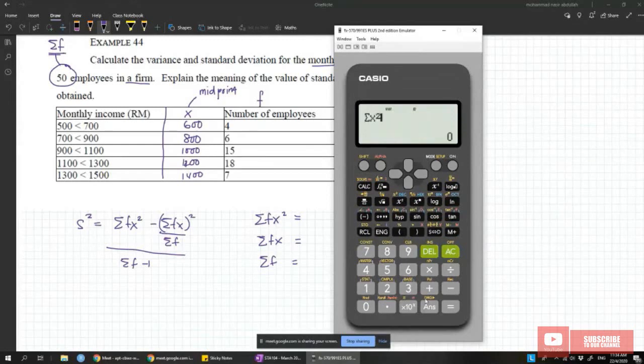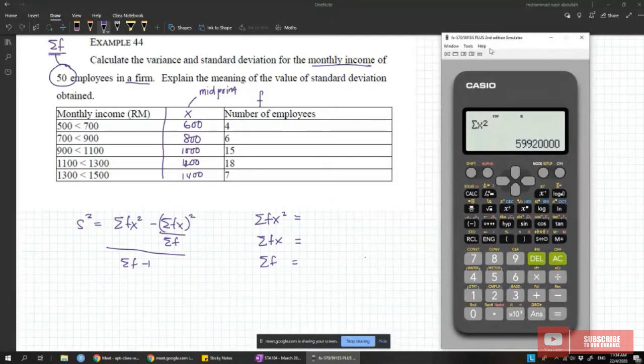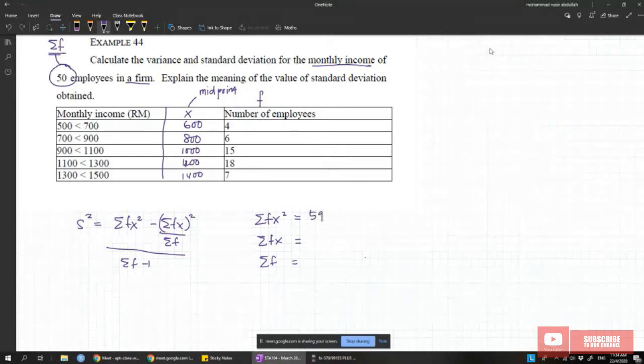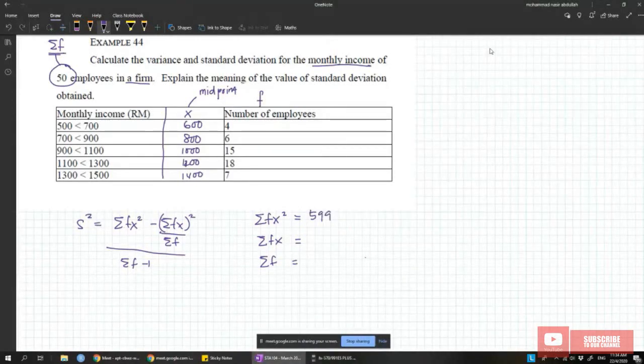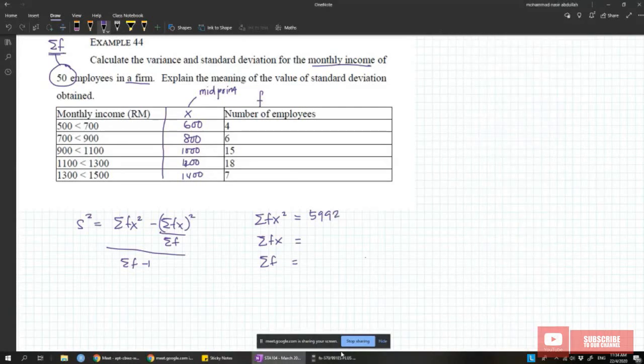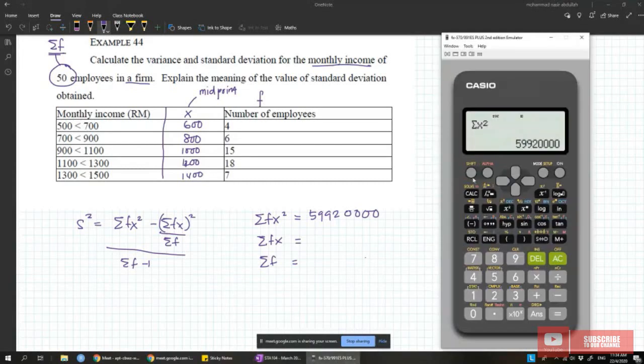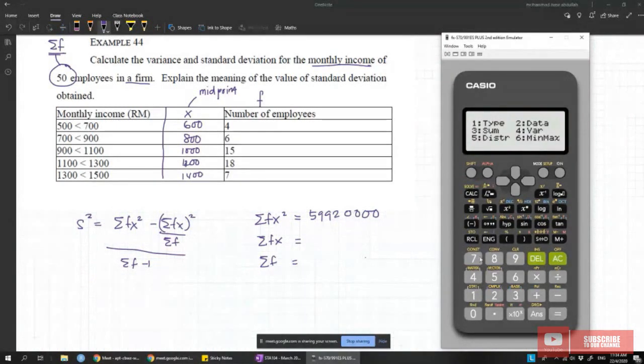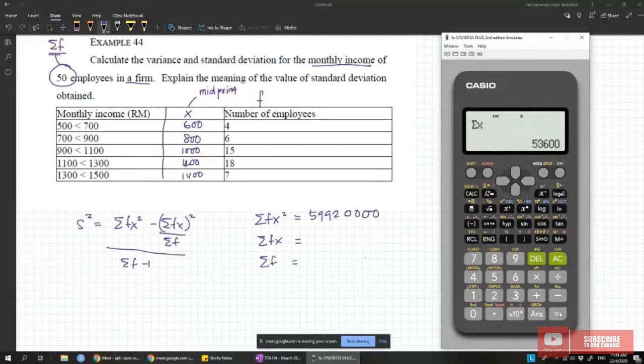So summation of x square, fx square, is summation of x square, press 1. So you will get 599,200,000. And then we need to find summation of x, fx, press 3, and then press 2.